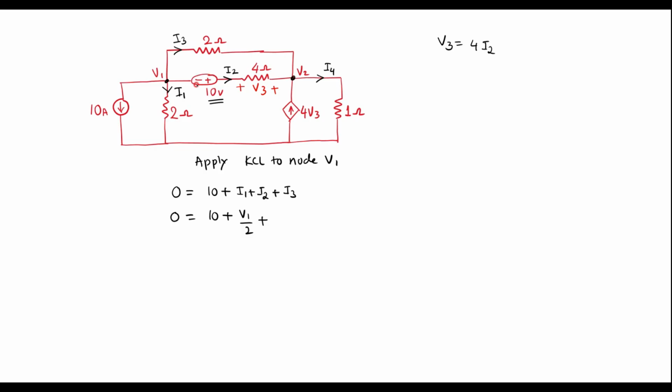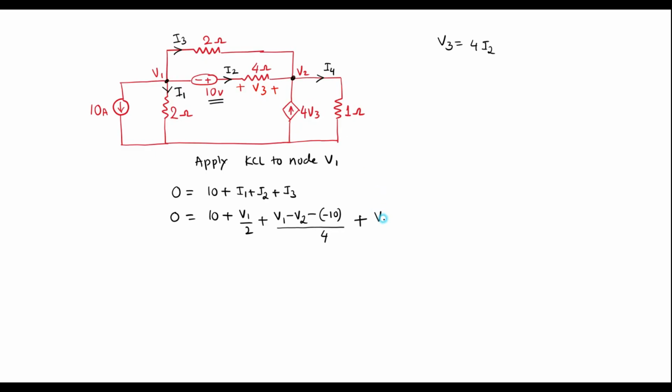Along with that, there is a voltage source, so it should also be considered. So it will be written as V1 minus V2, and here we have the voltage source, that is minus of minus 10, whole divided by 4. So plus I3. I3 is the current which is flowing from V1 towards V2.